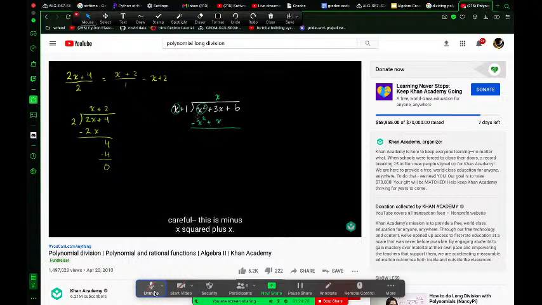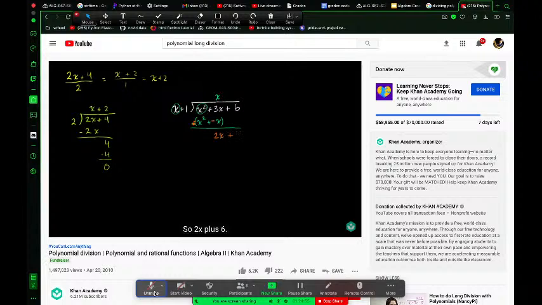This is minus x squared plus x, because I want to make sure that negative sign applies to this whole thing. So x squared minus x squared, those cancel out. This is minus x squared minus x, just to be clear. We're subtracting the whole thing. 3x minus x is 2x. And then you bring down the 6.